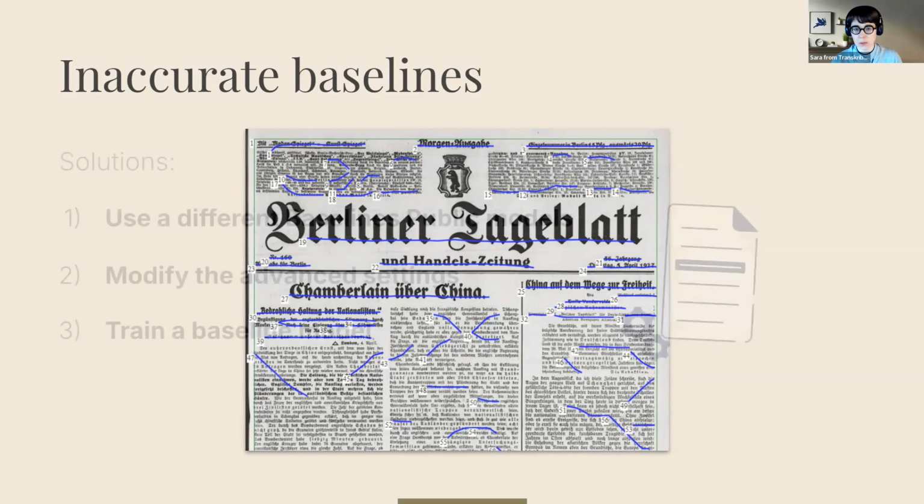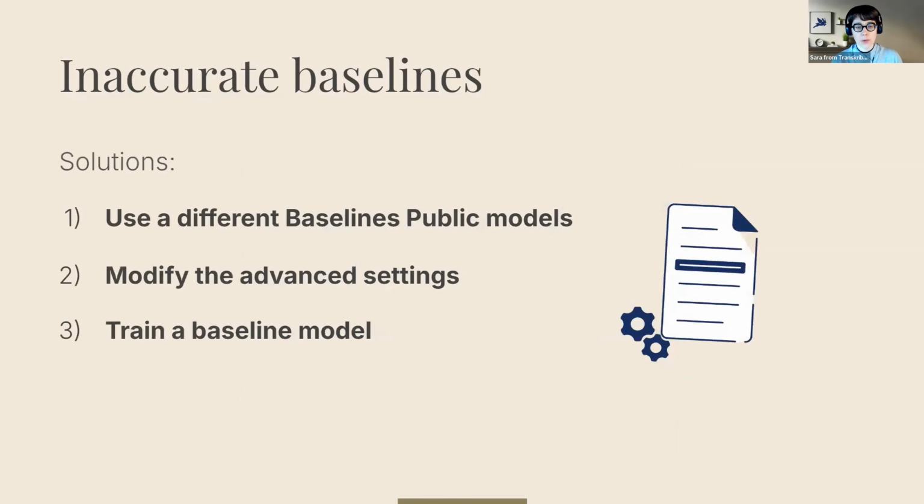So today we will look at which solution we can use inside of Transkribus to improve our layout recognition when the baselines are inaccurate, instead of manually correcting the baselines. The first solution is to try a different public baseline model.